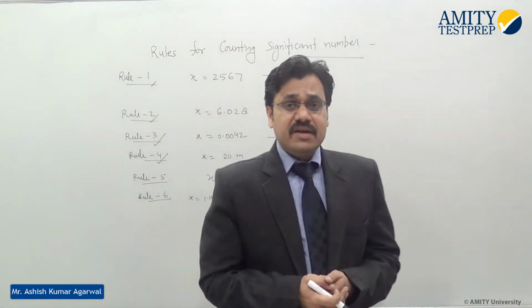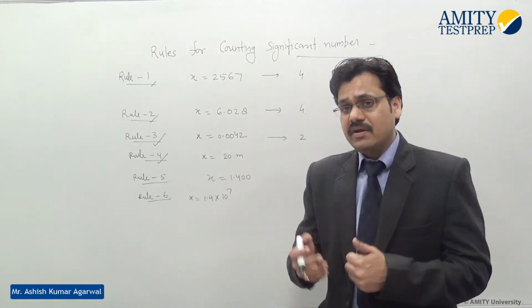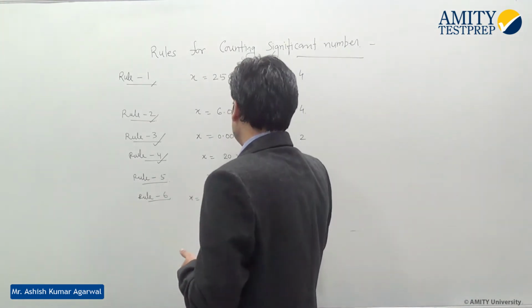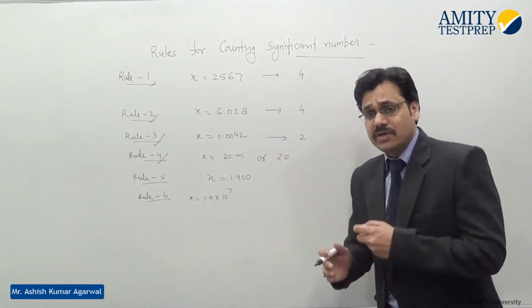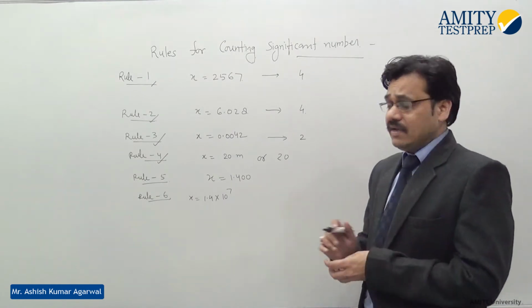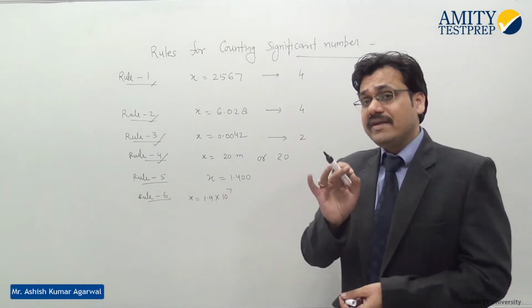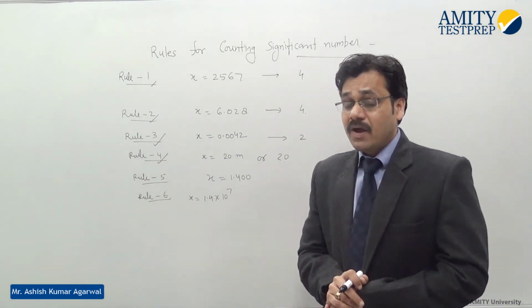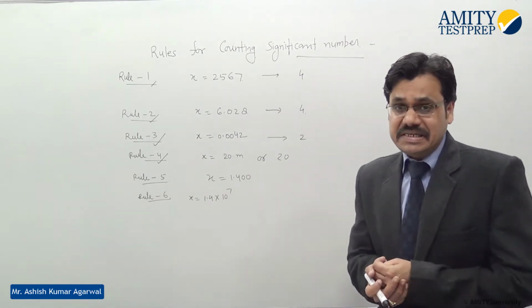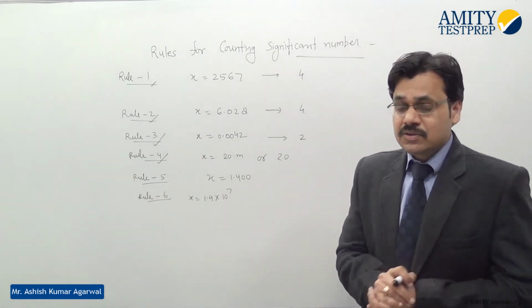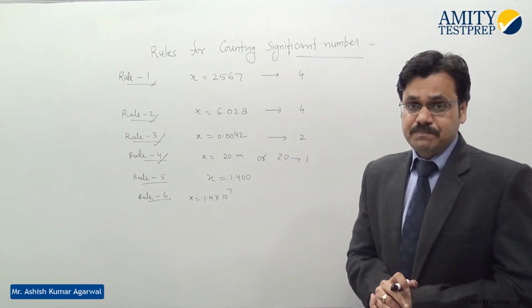Suppose you are writing a number like 20 meters, and I am also taking another example, simply 20. What is the difference between 20 meters and 20? This is only a number. When only a number is given to you, all zeros after the non-zero digit are insignificant. So in 20 there is only 1 significant figure.